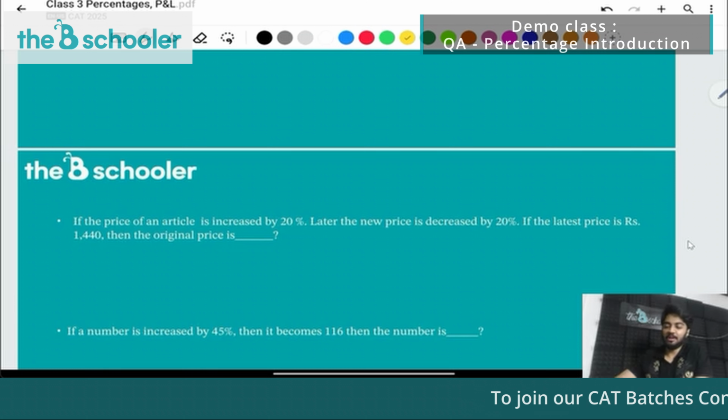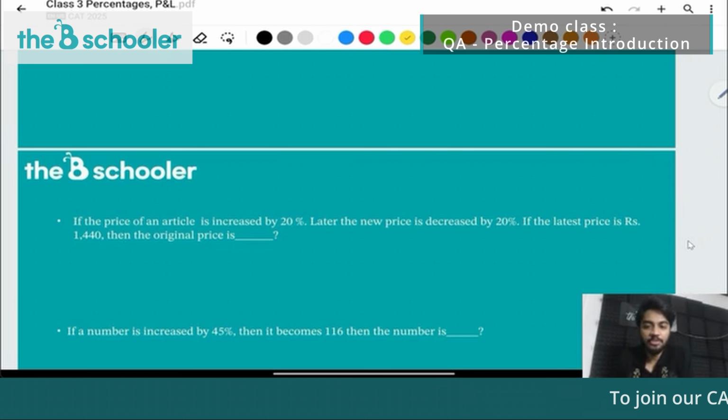What is going to be the final value? Now, even without using pen and paper, can you tell me the final value with what we just learned now?